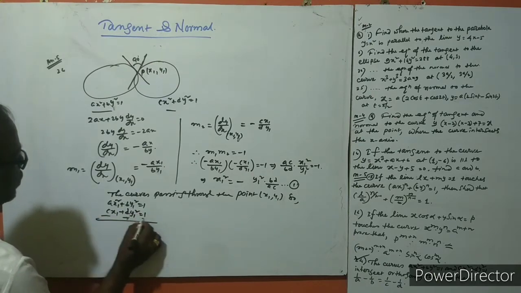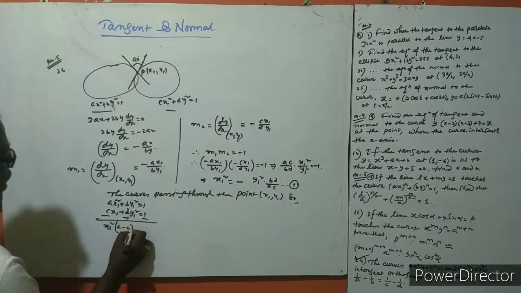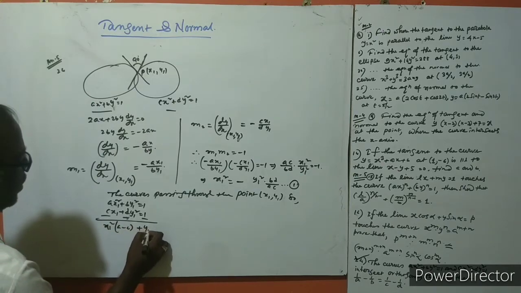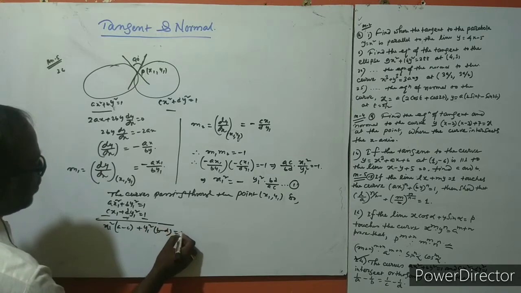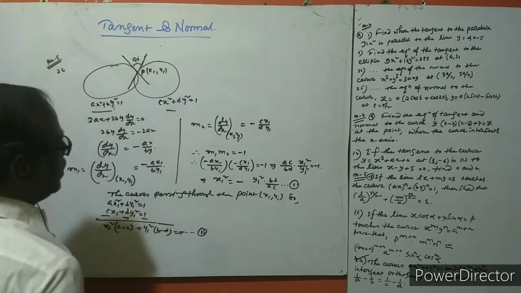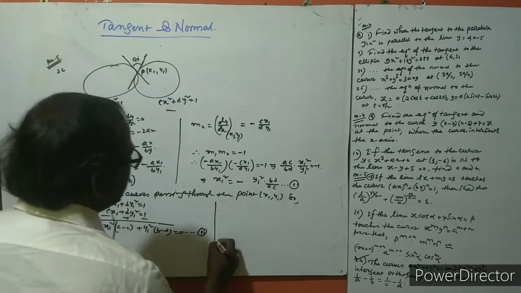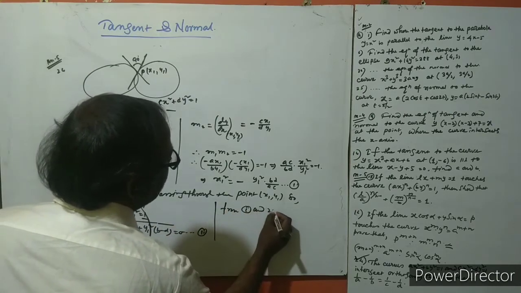Subtract these two, then we get x1 square times (a minus c) plus y1 square times (b minus d) equal to 0, from 1 and 2.